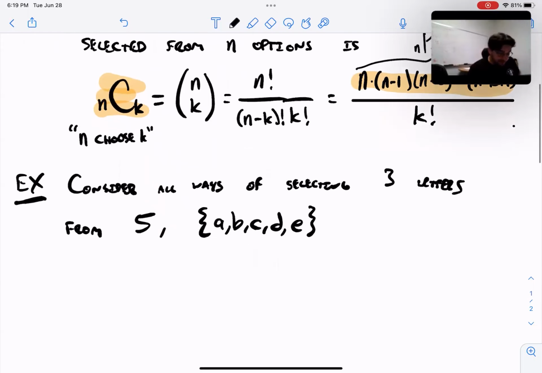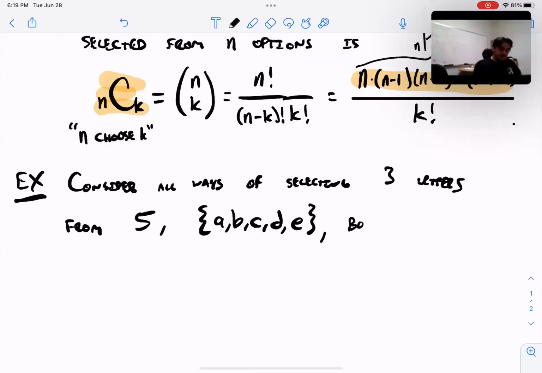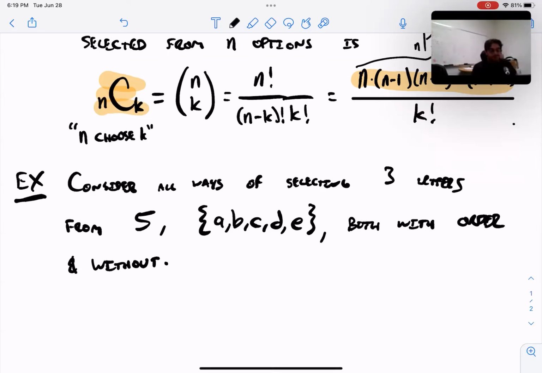And I want to think about this both with order and without. With order, I'm thinking about permutations, about 5 permute 3.